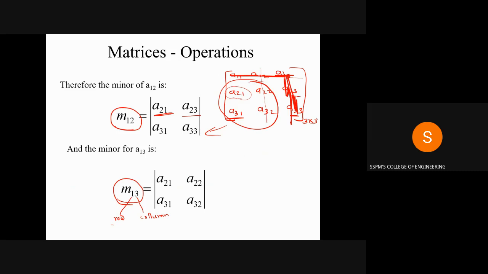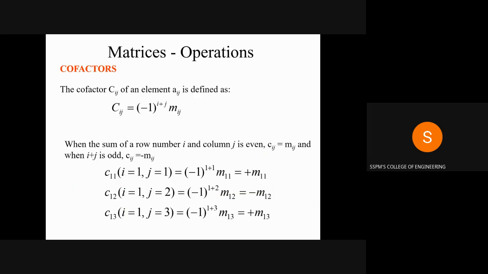This matrix: A21, A22, A31, and A32. If you find the determinant, how do you find it? A21 into A32 minus A22 into A31. You will get M13. Okay.